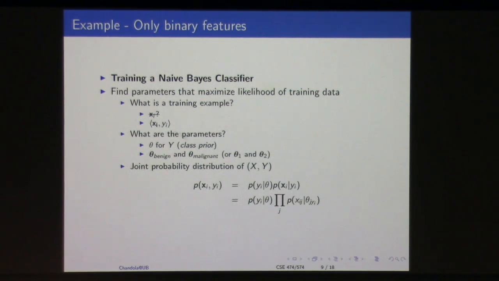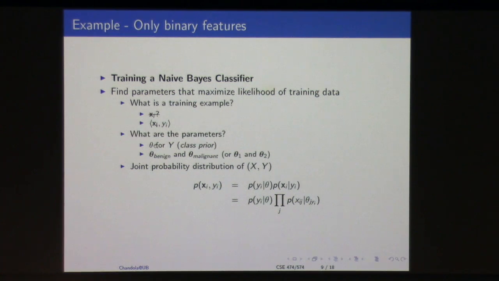All right. So this is the slide that when you go back, you want to look at a little carefully, right? So the parameters that we have are, what is the parameter for y, because we want p of y, right? And then we also need the parameters for the benign class and the malignant class. So we have two classes, theta 1 and theta 2. So we want to compute theta 1, theta 2, theta.